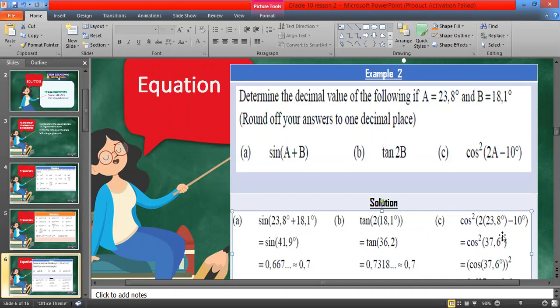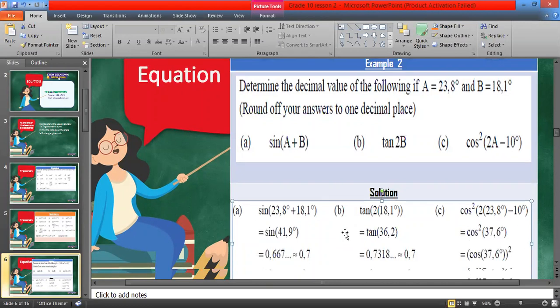So cos squared of 37,6 implies what? Cos of 37,6 multiplied by cos of 37,6. That is the implication of the cos squared. Or better still, we can write it in this form, taking the square outside the bracket. In your calculator, you punch cos, first put bracket, then 37,6, then close the bracket, then you have your square. Understand? It means you are multiplying this amount by itself.